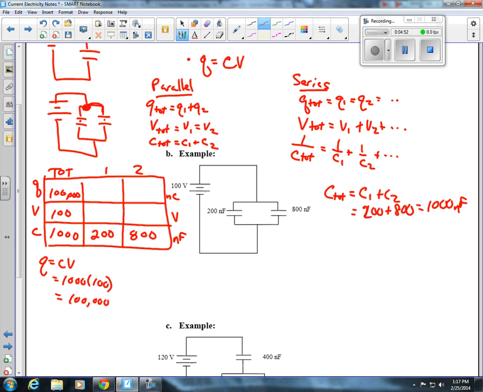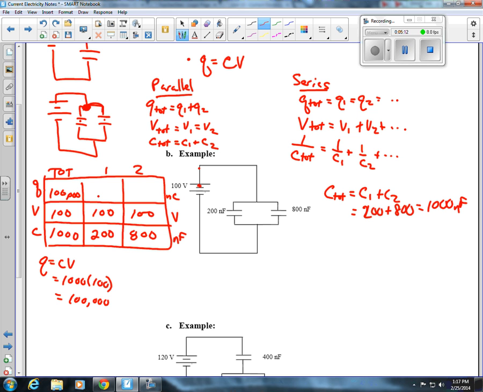Now, looking at this, I have to figure out what I'm going to do next. The charge that comes out of the top here is going to go over, but then it splits. So I don't know what either of these two charges are. I know they have to add to 100,000. Oh, but this is parallel, and in parallel the voltages are the same. So I know this voltage is going to be 100, that voltage is going to be 100.